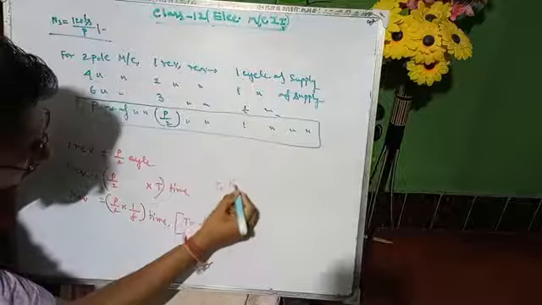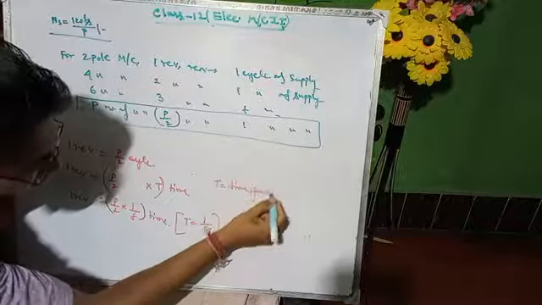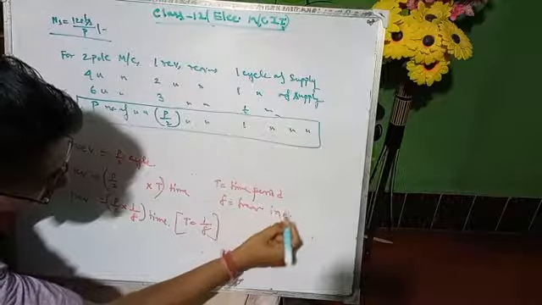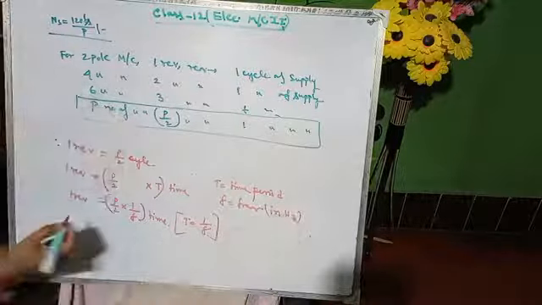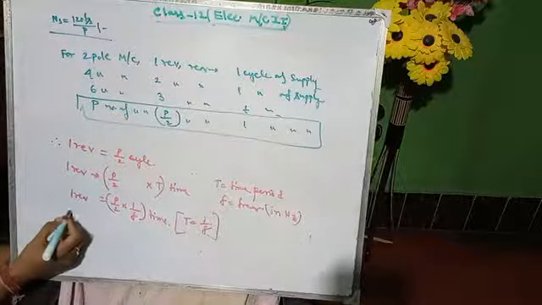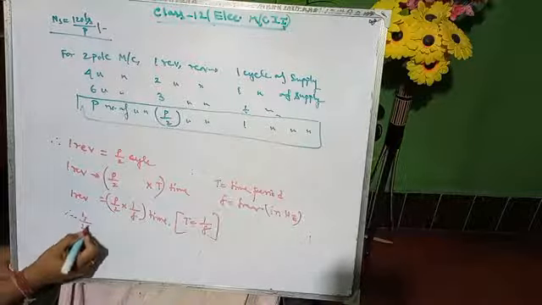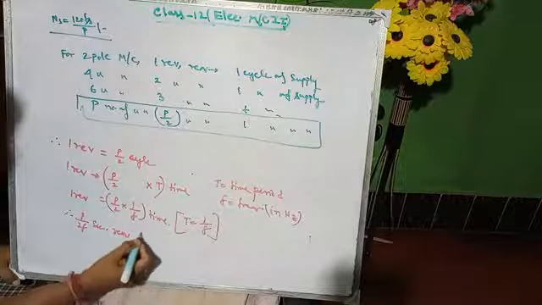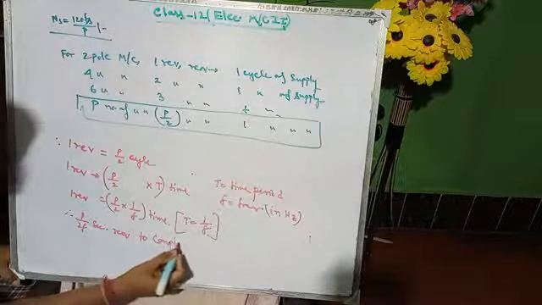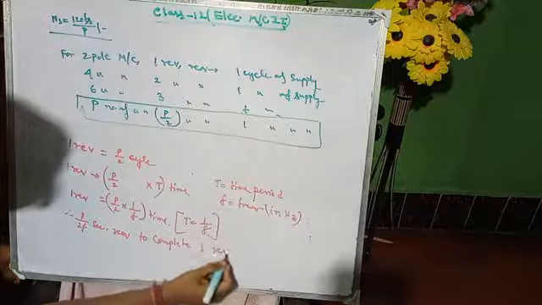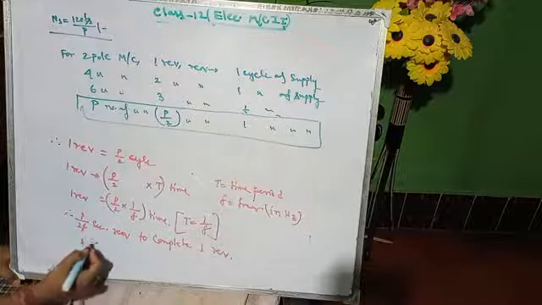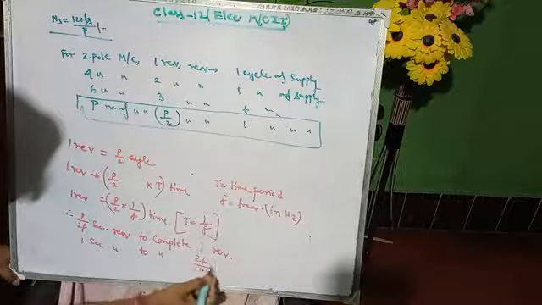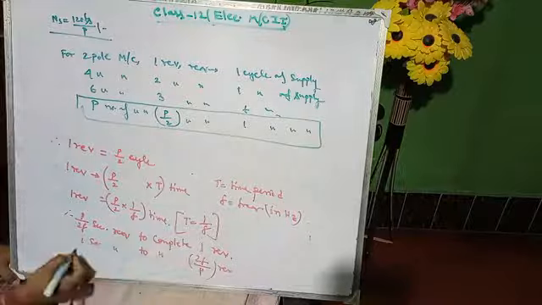T equals time period and f equals frequency in hertz. Therefore we can write P by 2f seconds are required to complete 1 revolution. So in 1 second, 2f by P revolutions are completed, just the reciprocal of it, and there are 60 seconds.